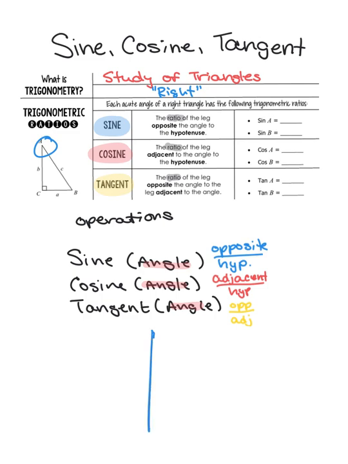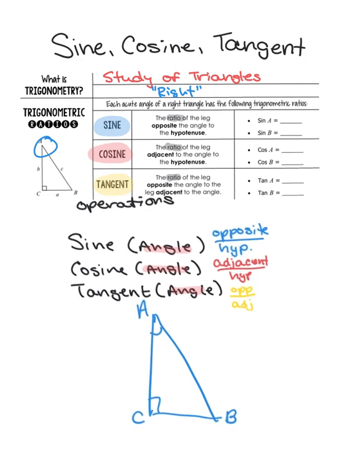This is angle A, B, and C. I'm going to focus on angle A. Which side is opposite of angle A, which side is adjacent to angle A, and which side is the hypotenuse of the triangle?